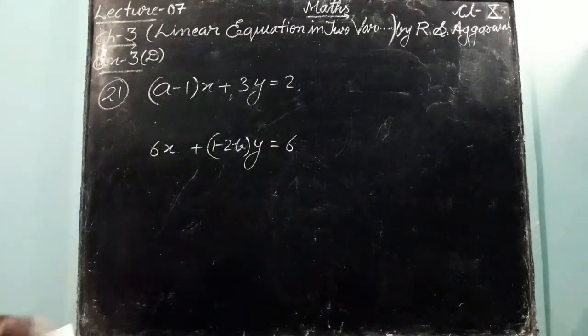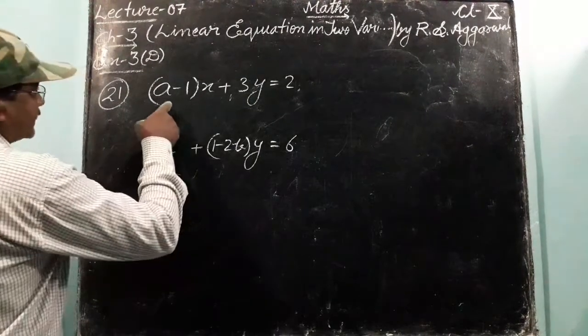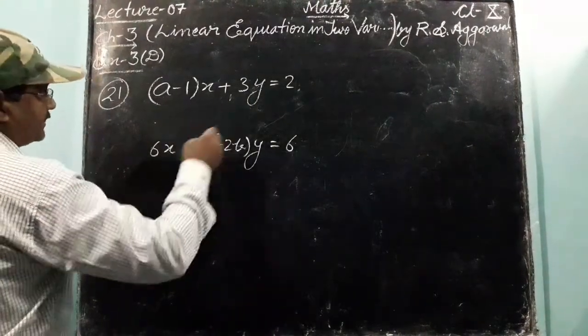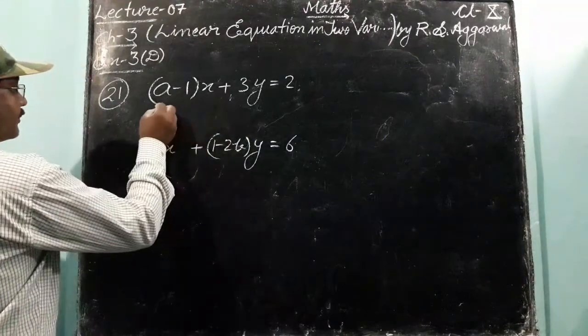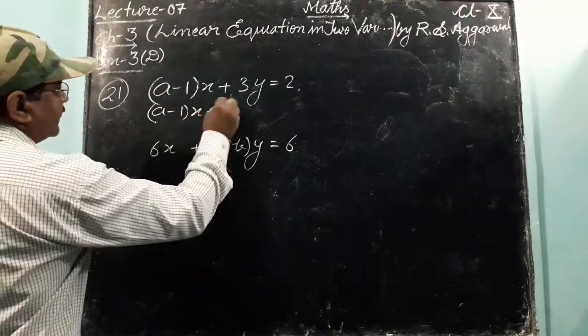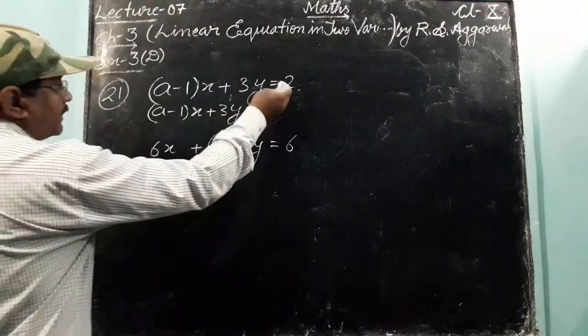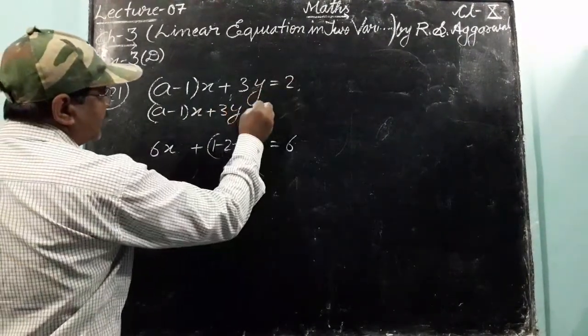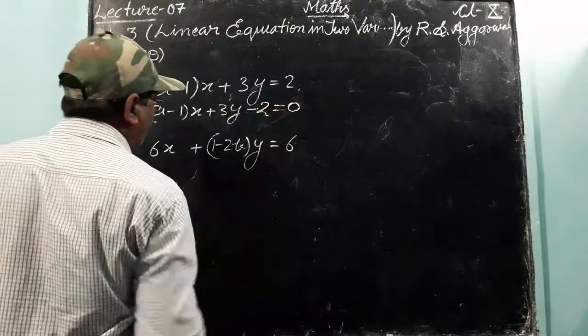Yes friends, first of all you convert it into the form of a1x plus b1y plus c1, and then it will be a minus 1 into x plus 3y, and we will transpose 2 here, is equal to 0.